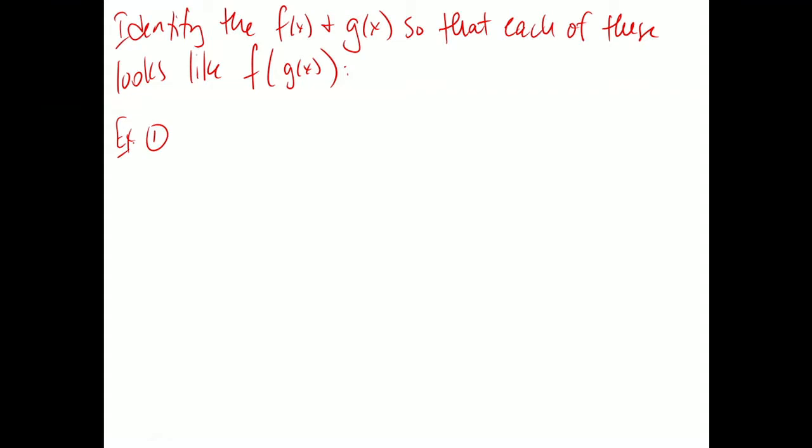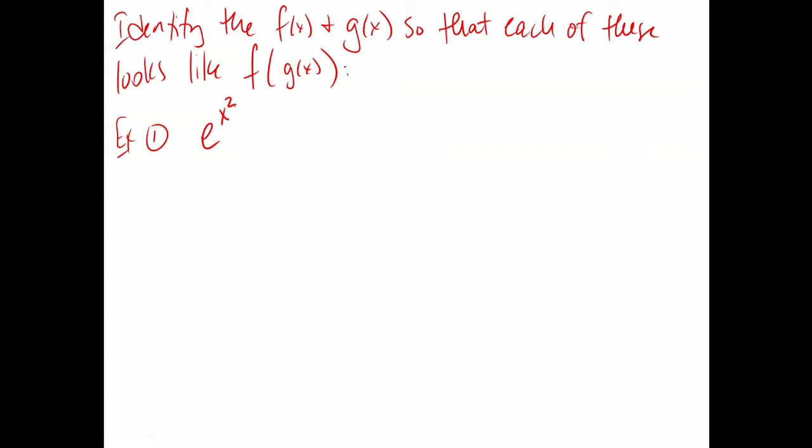Okay, so let's try, hopefully, not a bad one first. So what if I have e to the x squared? Okay, so I guess, big picture here, right? If I'm asking you what's the derivative of this, you don't know what the derivative of this is.